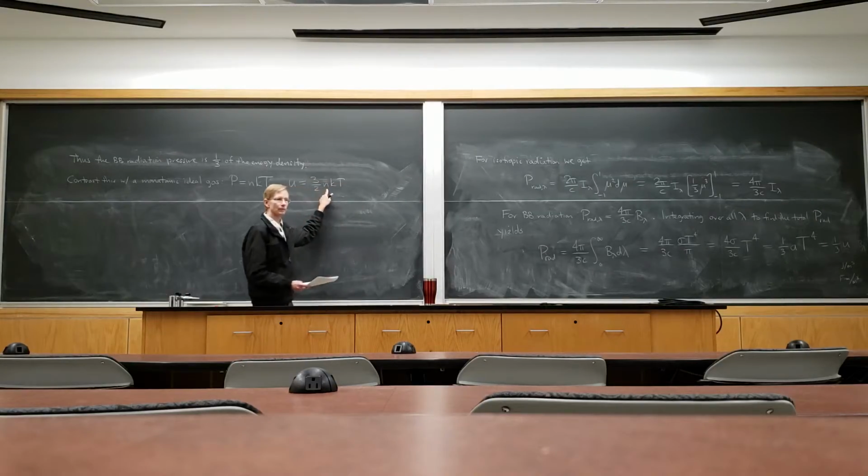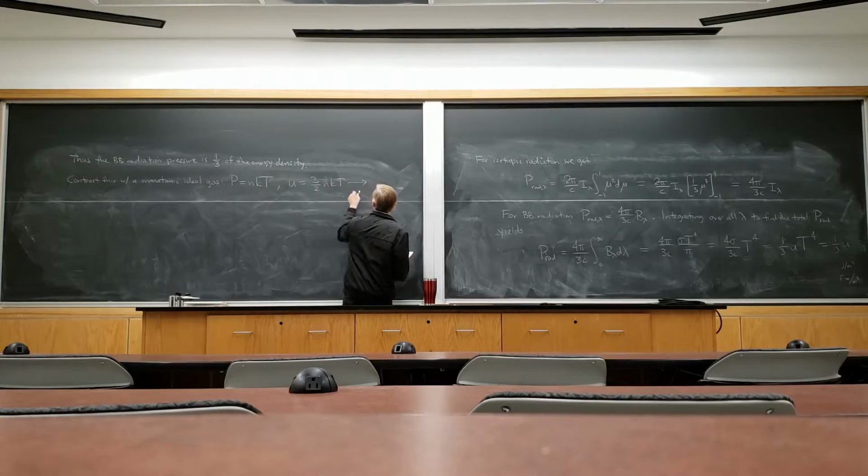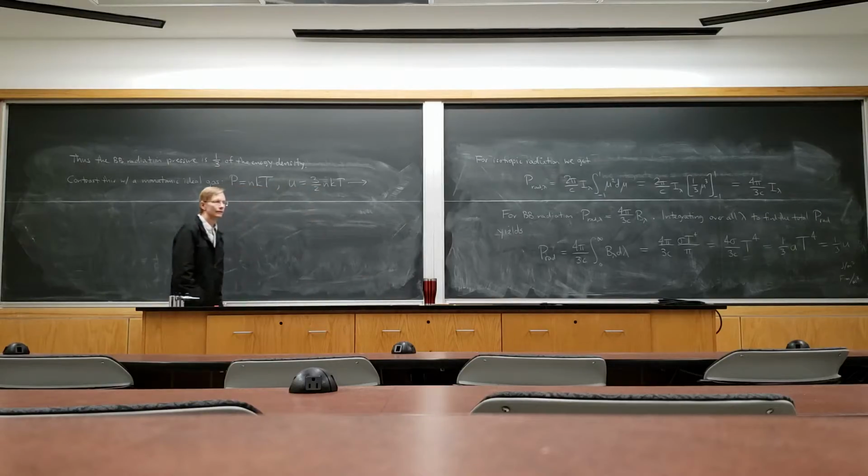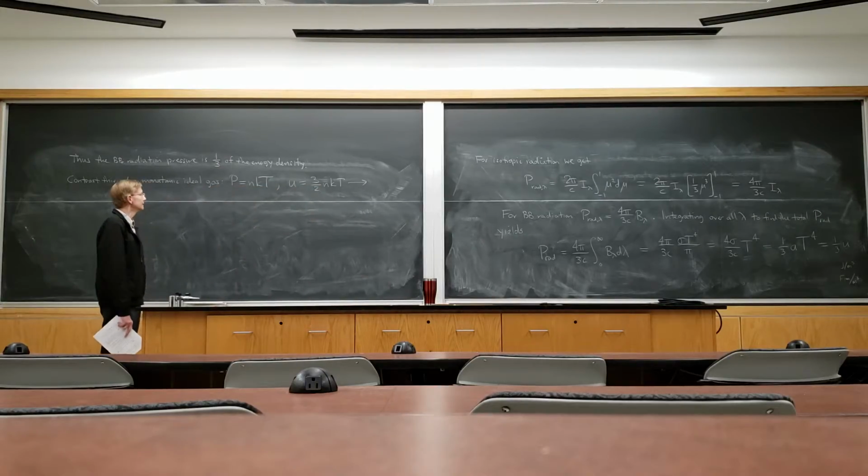The number density, number of particles per unit volume, times 3/2 kT, because that's their average energy. So if P is nKT and U is 3/2 nKT, it follows that P is 2/3 of U. Right?